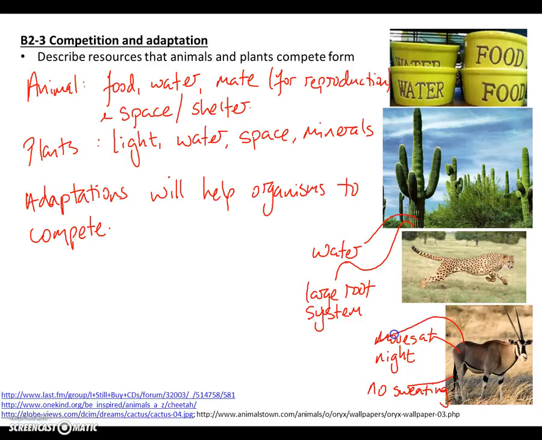It's got very large feet as well to help move on the sand. So lots of different adaptations for this particular creature, which allows it to survive in an area which would be harder for other creatures of its size.